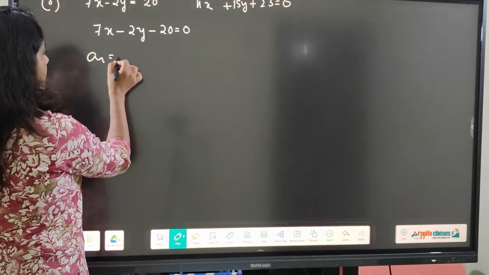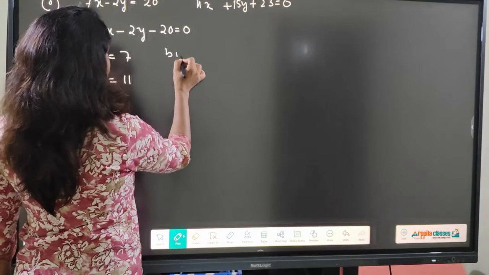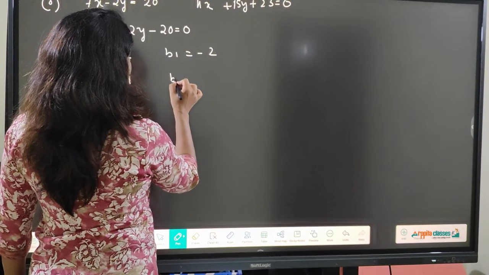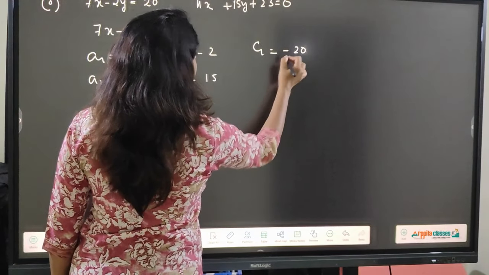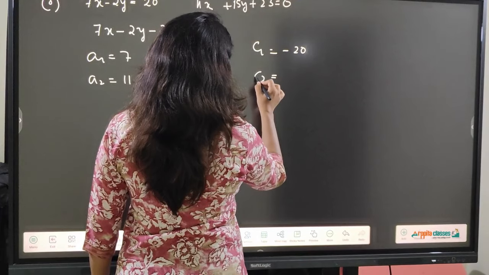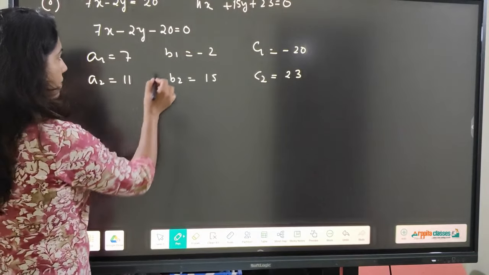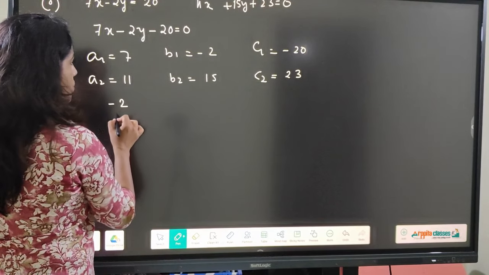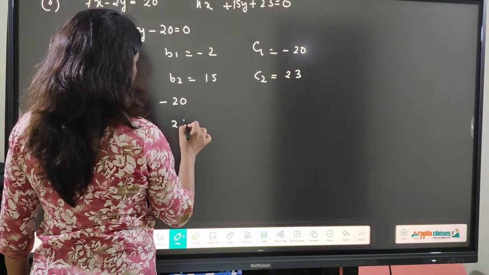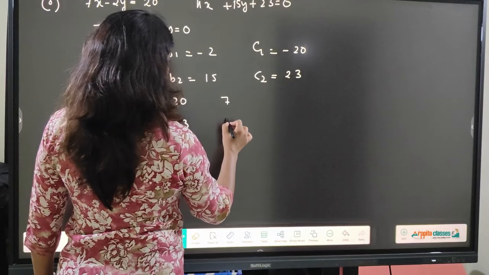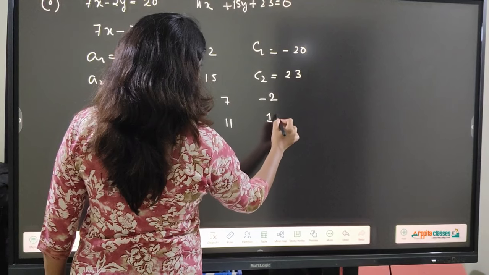So a1 is 7, a2 is 11, b1 is minus 2, b2 is 15, c1 is minus 20, and c2 is 23. So now we'll write b1, b2, we'll start from b1, b2, so that's minus 2, 15, c1, c2, minus 20, 23, a1, a2, 7, 11, and again b1, b2, minus 2 and 15.